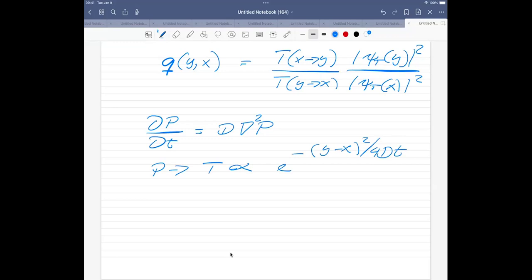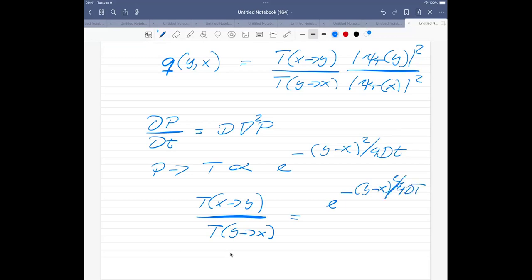Now, if I take the ratio of T of x to y and divide by T of y to x, what I have is simply e to the minus (y minus x) squared over 4Dt, divided by e to the minus (x minus y) squared over 4Dt. And this becomes equal to a famous number, right? So what's your choice here? It's not 0, obviously. That's 1, right?